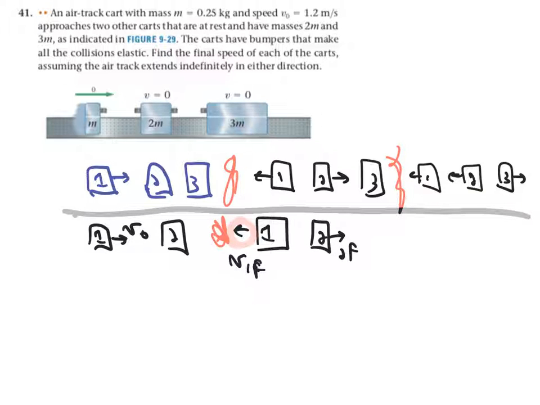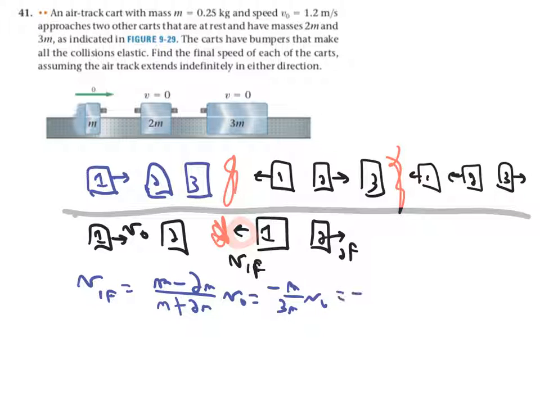Then we just use the formulas from the book, and we find V1F is (m minus 2m) over (m plus 2m) times V0. So this is minus m over 3m V0, or minus 1/3 V0. So minus 1/3 of 1.2 meters per second, which is minus 0.4 meters per second.